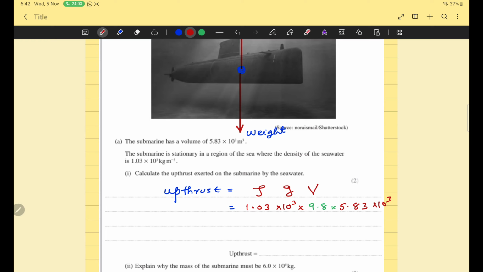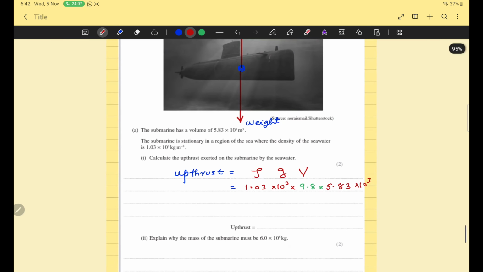ठीक है जी, कैलकुलेट कीजिए और अगर कोई बच्चा मुझे बता दे what is the answer. Rho g V. What is the upthrust? What is the equation of upthrust?